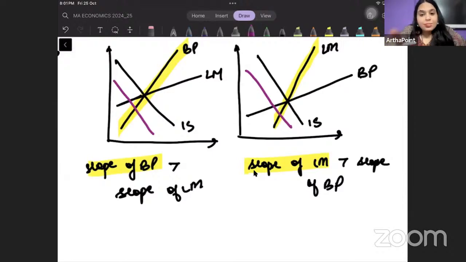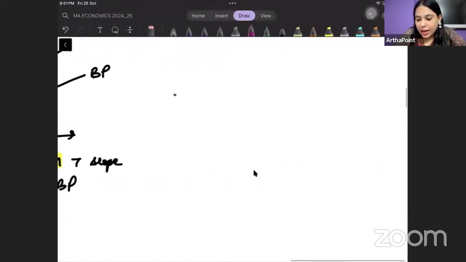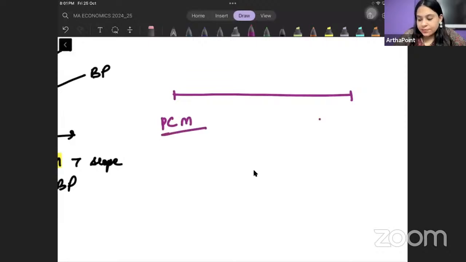ना बेटा, imperfect capital mobility does not mean this. It is just saying imperfect capital mobility, right? So imperfect capital mobility will lie between perfect capital mobility and no capital mobility. Imperfect तो दोनों ही हो सकते हैं ना.